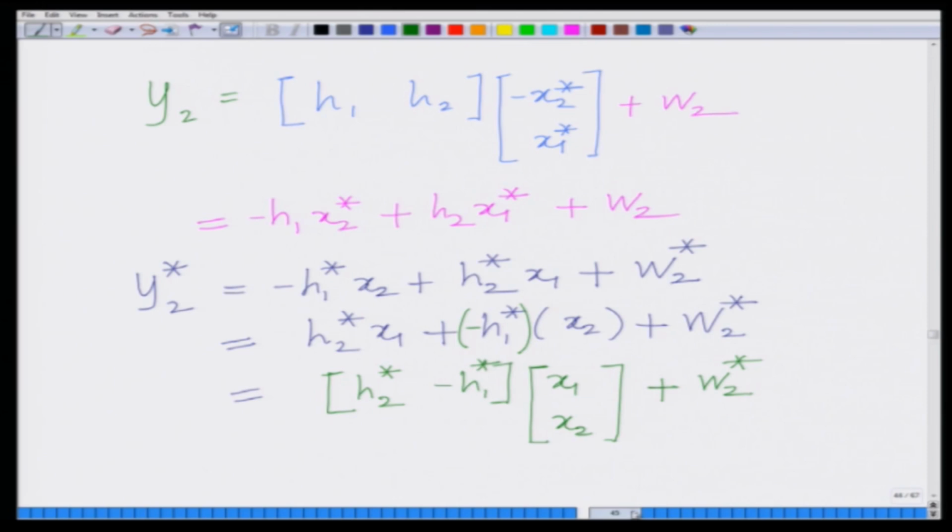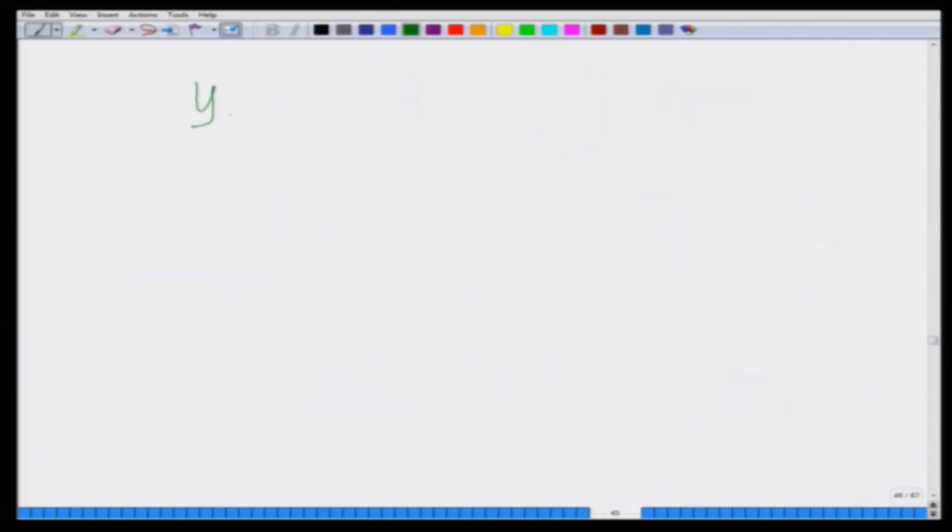Let me rewrite this again. So, now I have two equations. From the first transmit period I have y1 equals H1 H2 times x1 x2 plus W1.